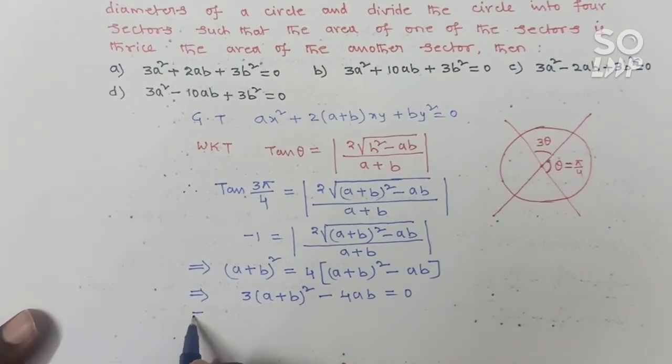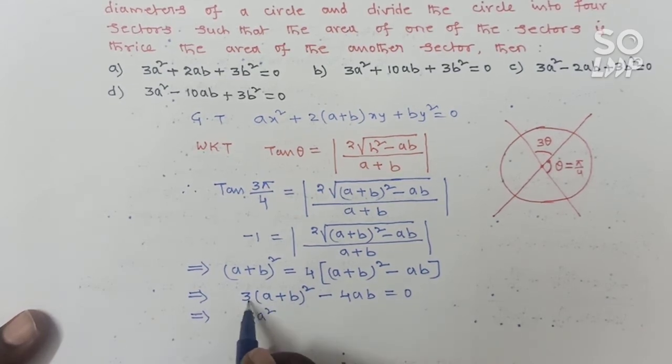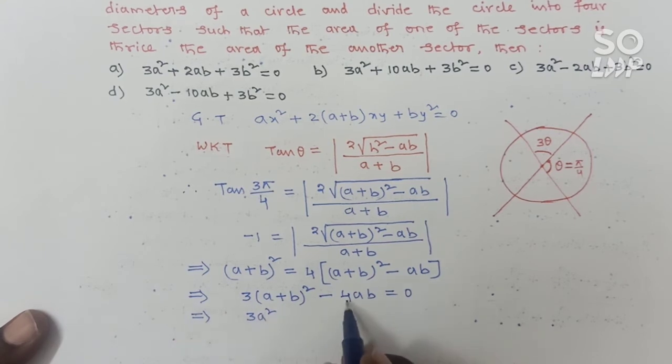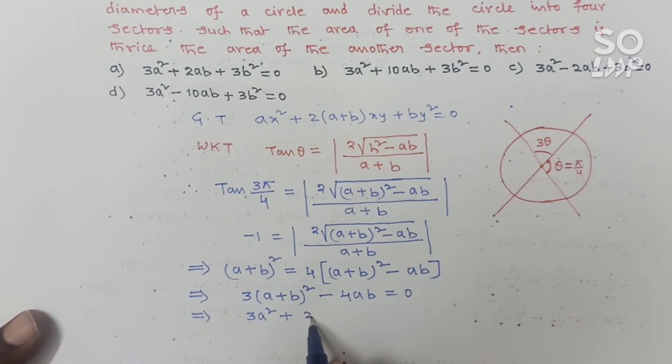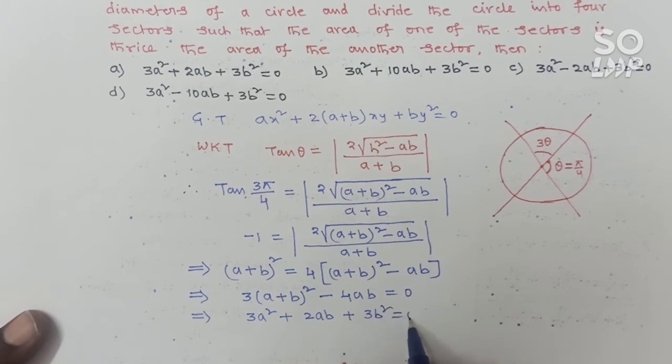That implies this becomes 3 into a square plus 2ab into 3 is 6ab, 6ab minus 4ab is plus 2ab, plus 3 into b square is equal to 0.